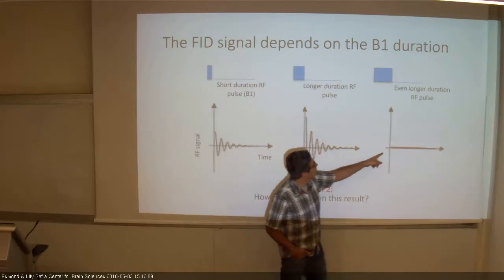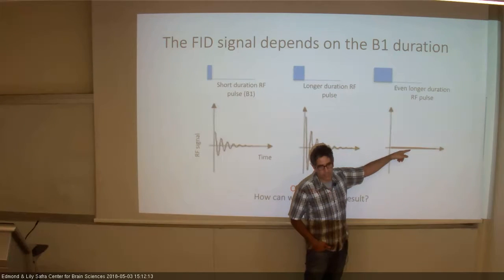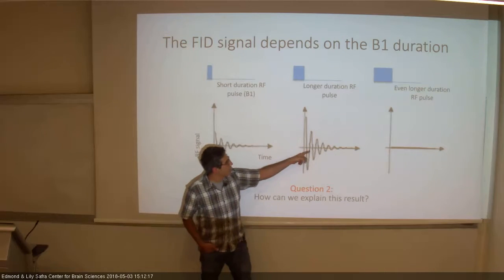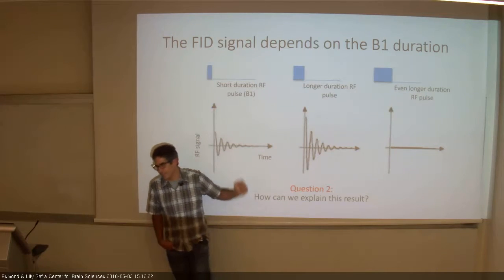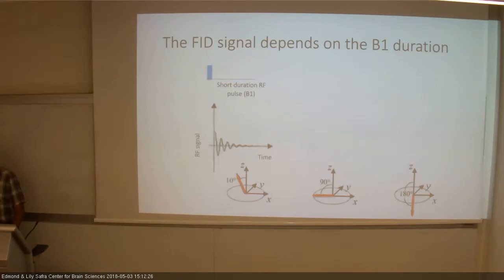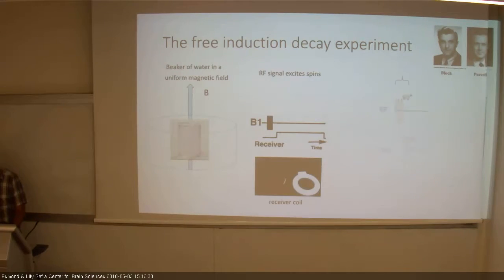Exactly. So this is full excitation. If you want to take us to 180, we have nothing in the XY plane right now. But here, at the 90, we have a signal to measure, right? And the maximum signal. Here it's probably a lower angle. Exactly right. And that's where it should have been the break.